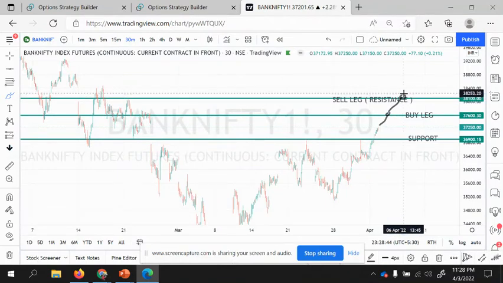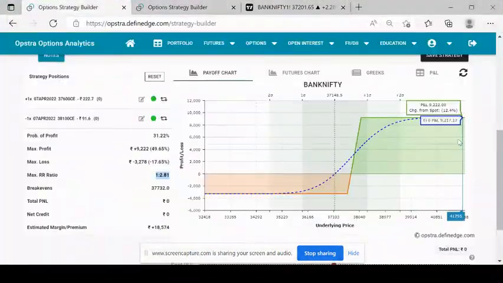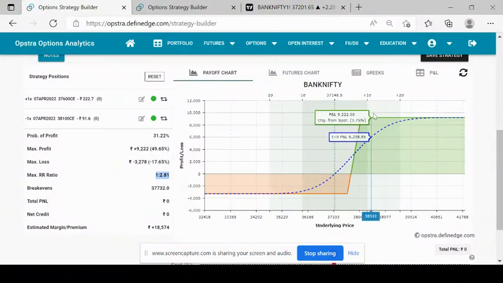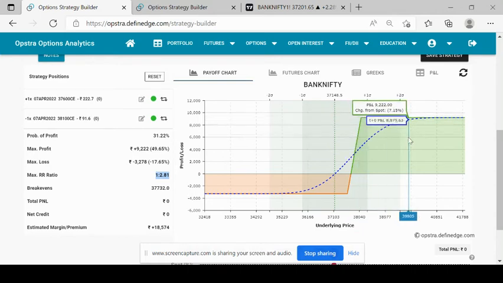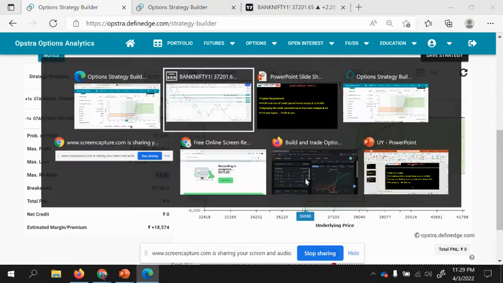And even if the market makes a move of another 200 to 300 points above your sell point, your maximum profit is locked. I think you are aware of this, right? Your maximum profit is only 9,222. Even if your market makes a move of 300, 400 points above the selling point, your maximum profit is locked. At the same time, even your maximum loss is capped.